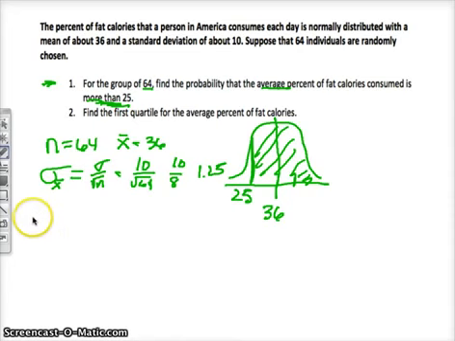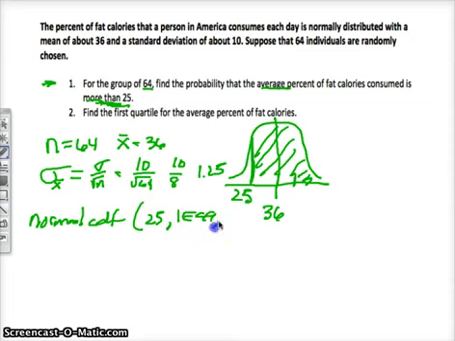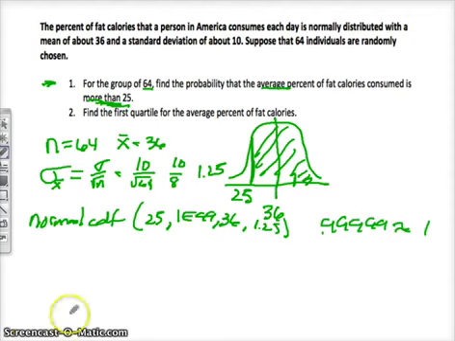So we're going to use our normal CDF, and the lower is going to be 25, the upper is going to be 1E99, the mean is 36, and the standard deviation is 1.25. Okay, so I worked that out on my calculator and I got 0.99999, which rounds to 1. So we're 100% probability of getting that to work out that way.